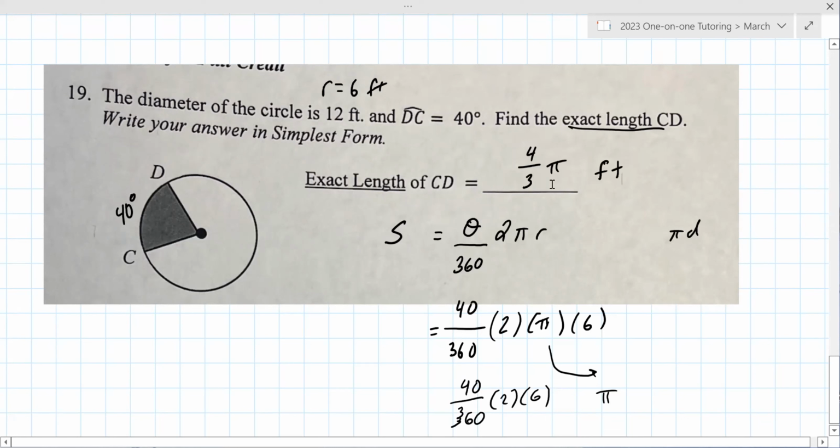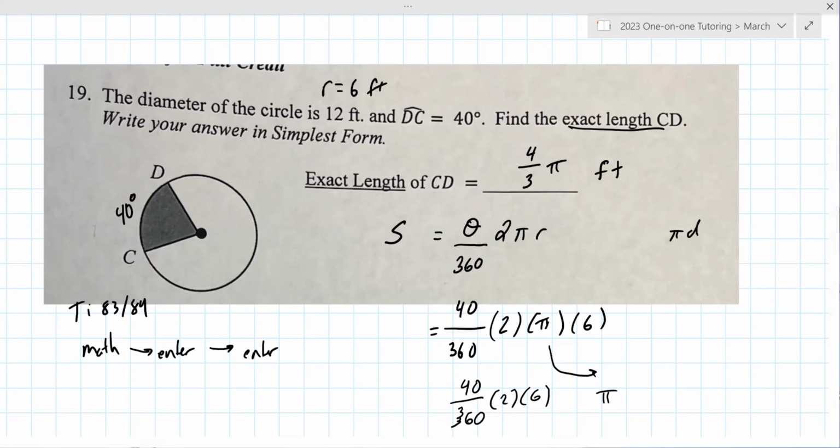How do we do that again to convert them into a fraction? For the TI-83, it's math, enter, and it'll say 2 frac, and then you hit enter again. Well, you kind of want to do it from your answer. Let me show you here.